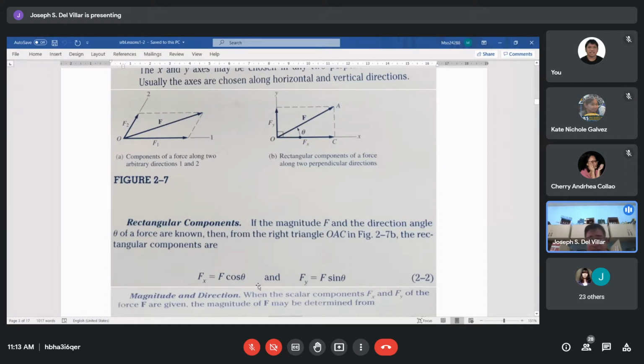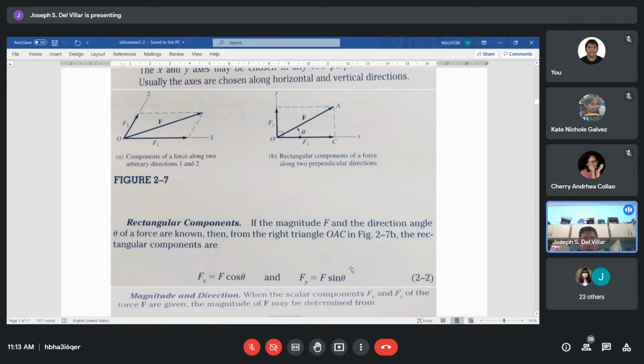So there is a reversal of the trigonometric functions. This means this equation in 2-2 is not always like this. Cosine theta and sine theta interchange when the angle is not referenced to x but referenced to y.